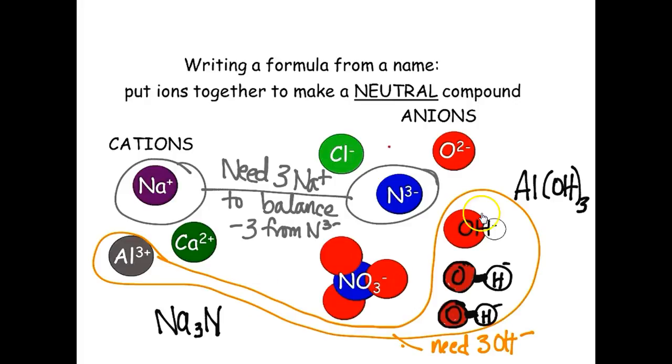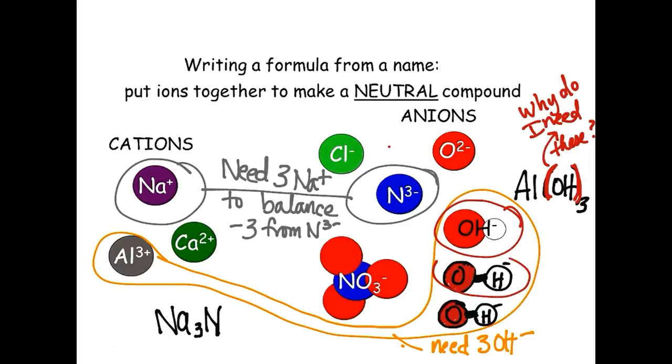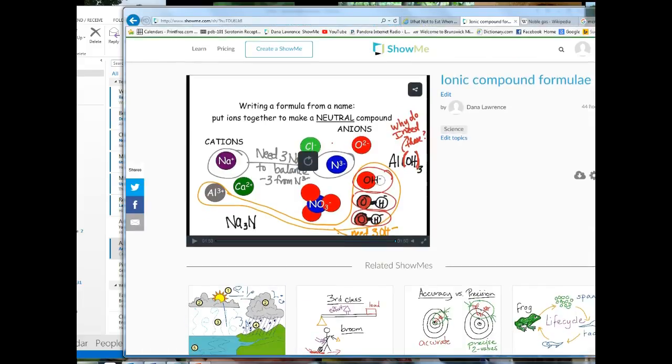Otherwise you can't just put the 3 there, because it would only refer to the hydrogen. So you need the parentheses so that the 3 covers both the O and the H, hydroxide. We need those because they're 3 separate hydroxides, right?